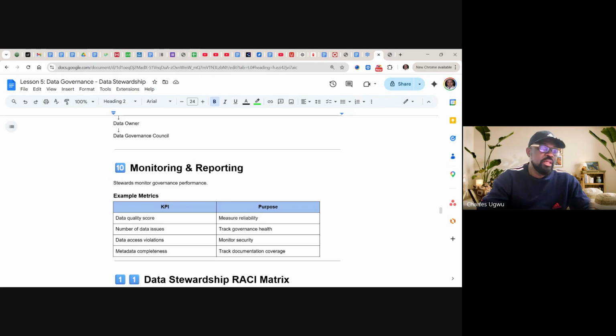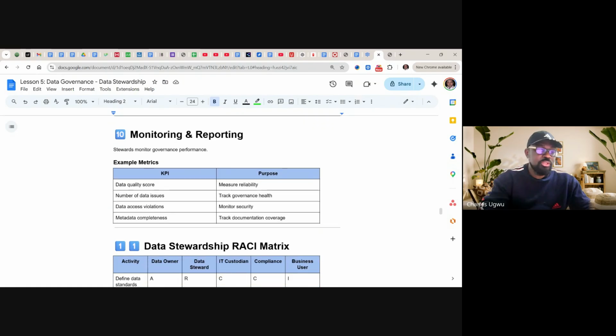So in the metrics, we should be able to see if there is a violation, to monitor security. And again, under our metrics, we should be able to see metadata completeness, to track documentation coverage. So monitoring and reporting, this is the kind of thing we should be able to see.